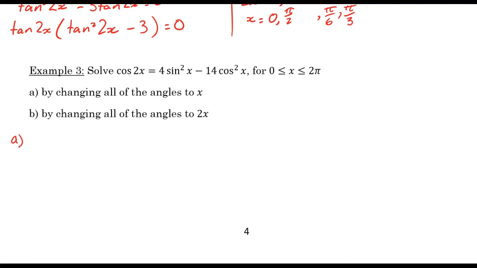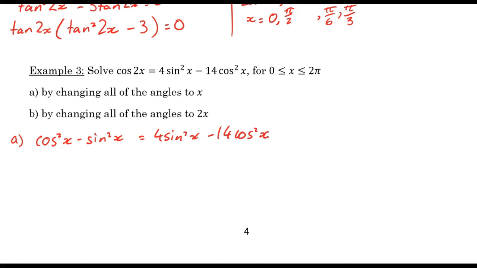Now you might remember that cos 2x is cos squared minus sine squared. So cos squared x minus sine squared x equals 4 sine squared x minus 14 cos squared x.